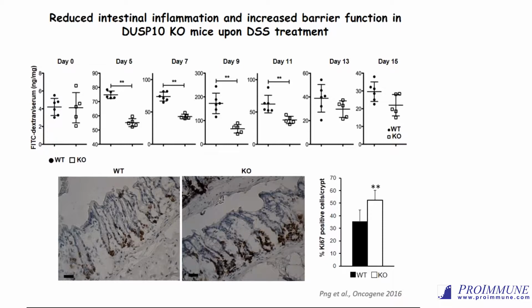Next we examined the barrier function of the mice by feeding the wild type and knockout mice with dextran in drinking water. At the same time, we treated the mice with DSS to induce inflammation. As shown here, you can see that in the blood of the wild type mice, the dextran concentration gradually increased, and it reached the peak as well at day 9.